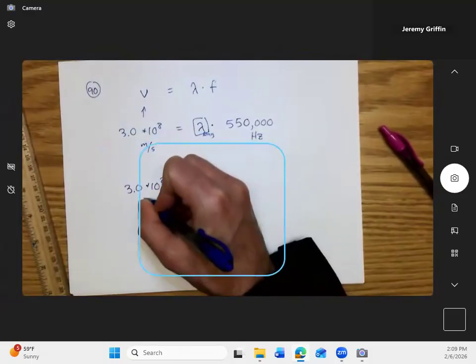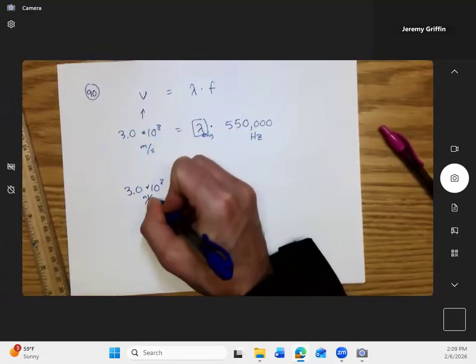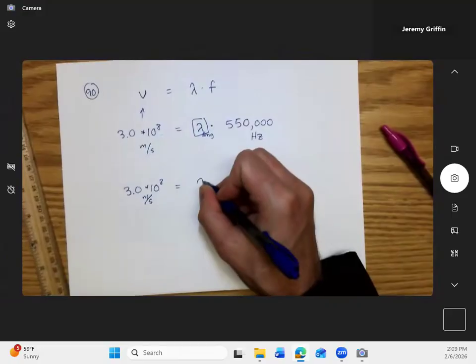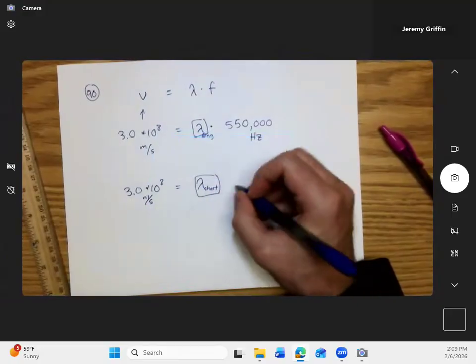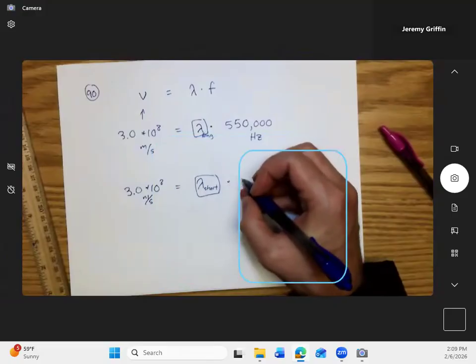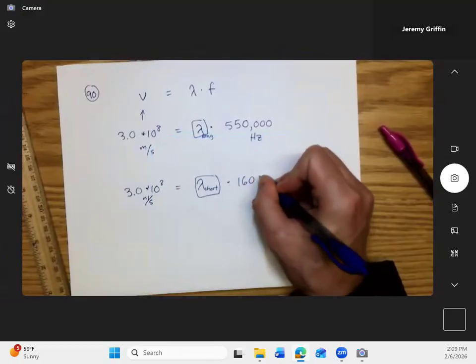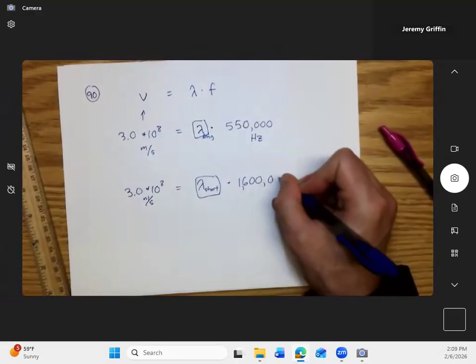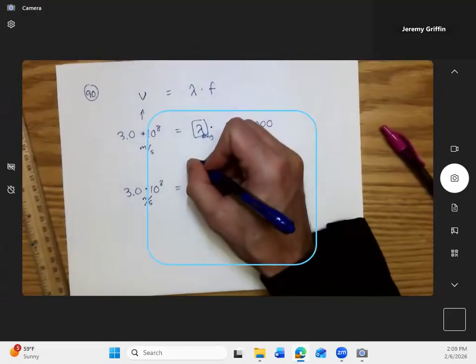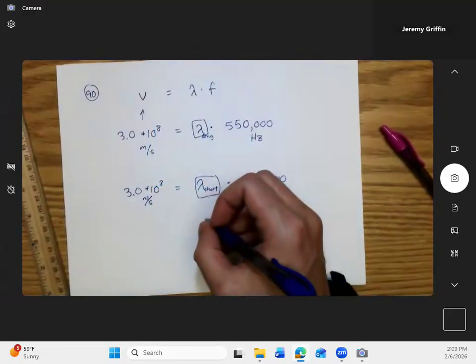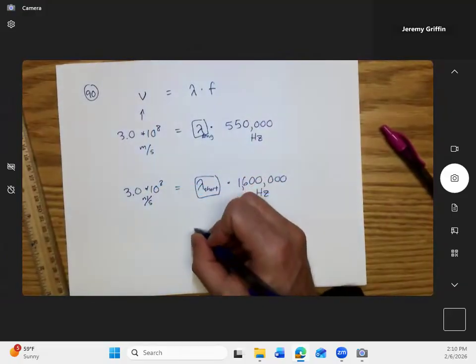Same speed, these are all traveling at the same speed. But what's the short end? That one was 1600 kilohertz. So again, we'll tag on 3 more zeros for kilo, and that's hertz.